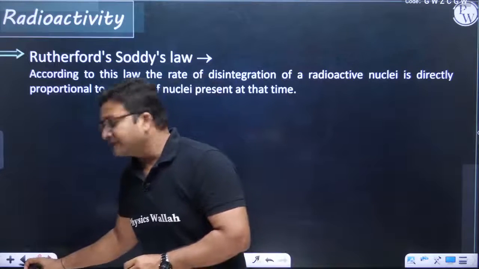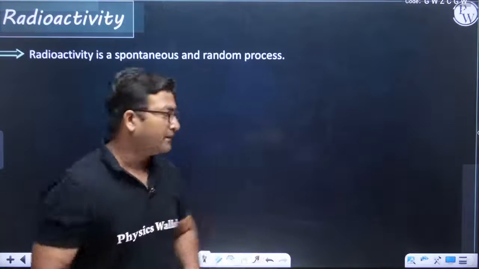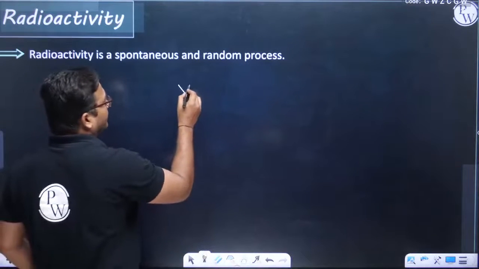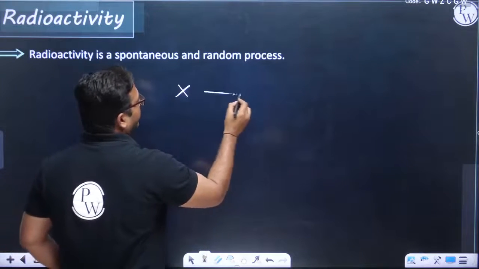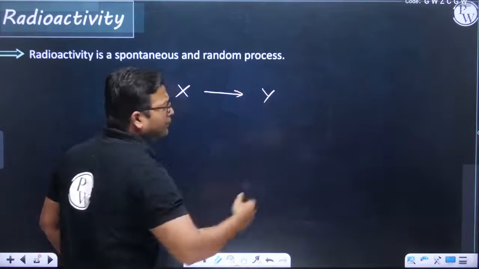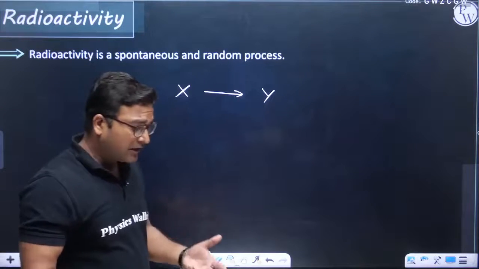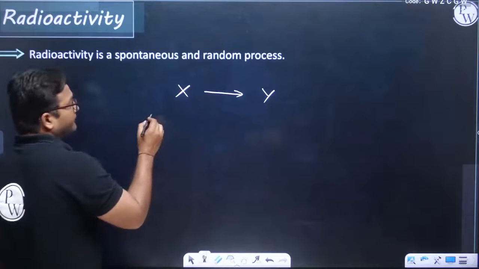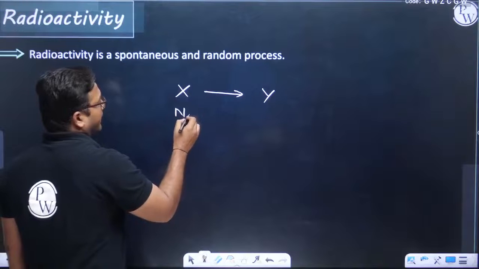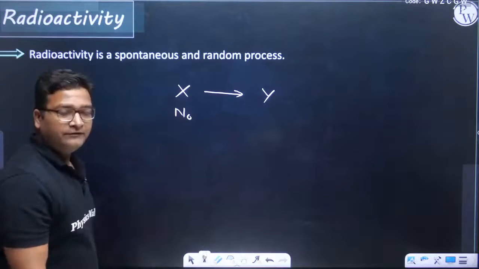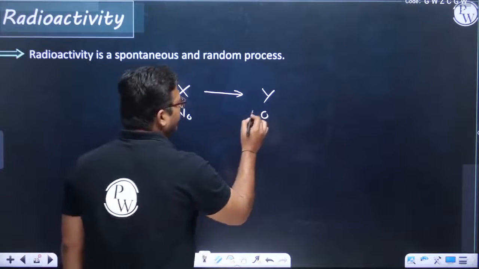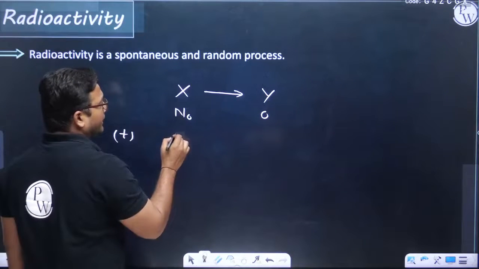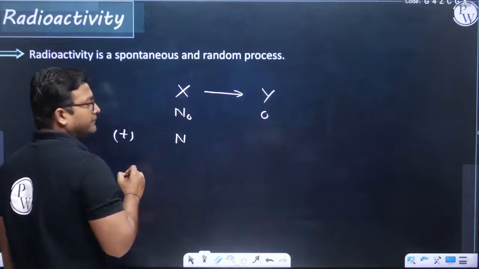But let us first understand what is radioactivity numerically. So if you have a radioactive sample X and it is decaying into Y by any of the decays like alpha, beta or gamma decay, and it is being converted into Y. So if initially we have n naught number of nuclei of X and 0 nuclei of Y, and at any time, say t, the number of nuclei of X now becomes n.